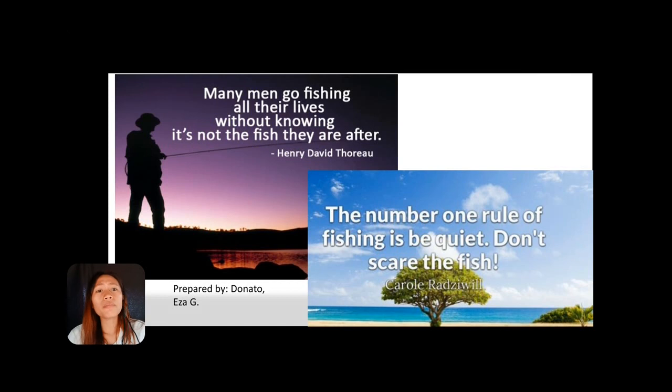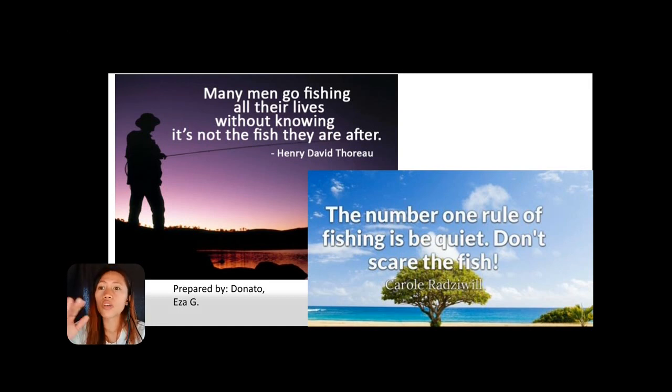So many men go fishing all their lives without knowing it is not a fish they are after. So daghan yung mga mangingisda nga abi nila isda nga nagiadto but it's not. Mura na siya og kanang they're more on acting like they go for fishing, but it's not.